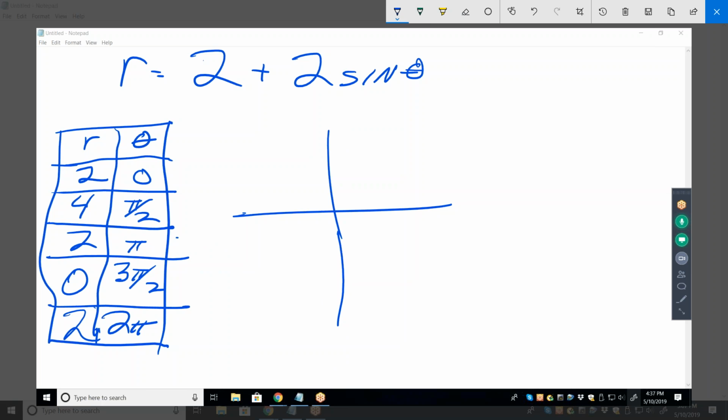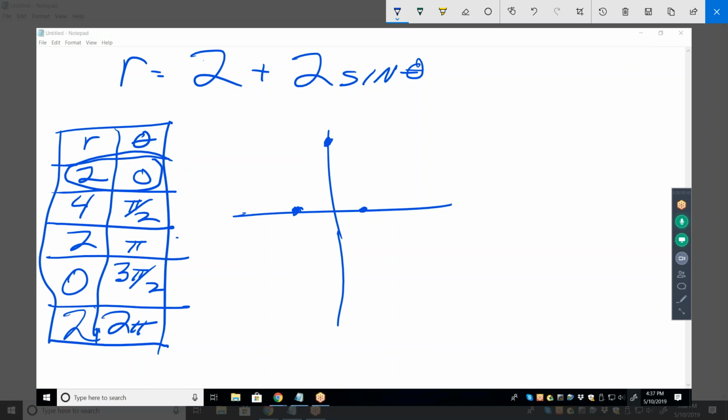All right. If we look at this point right here, we know r is 2 at 0. Now, if we look at pi over 2, r is 4. And at pi, r is 2 again.